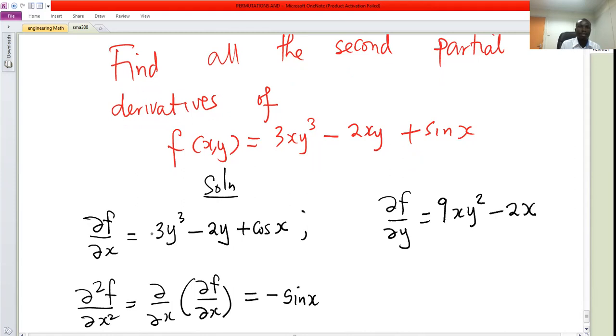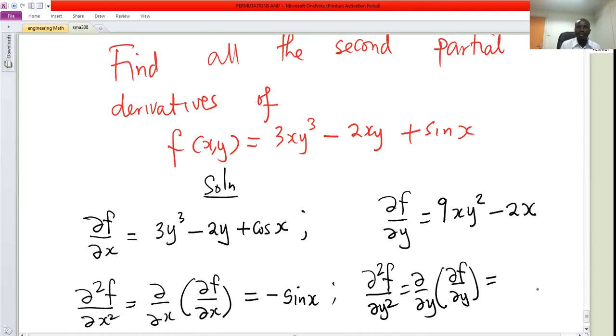Both this and this one do not have x, so their derivatives are 0. And partial squared f partial y squared is partial y of partial f partial y, which is given by differentiating this one with respect to y, we just get 18xy.